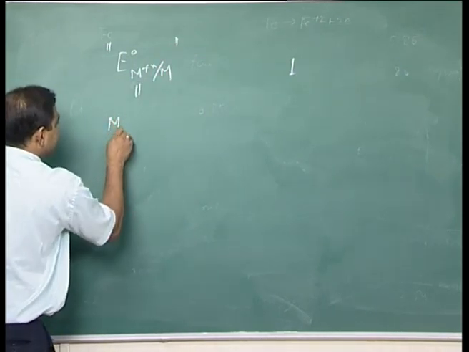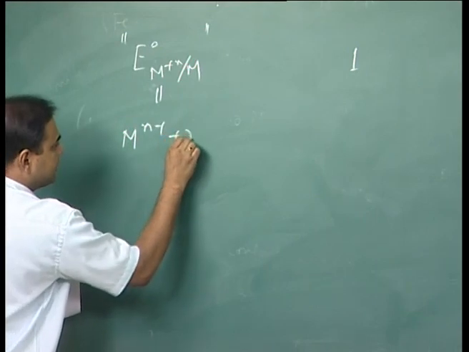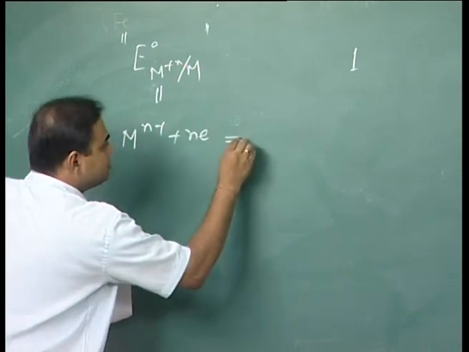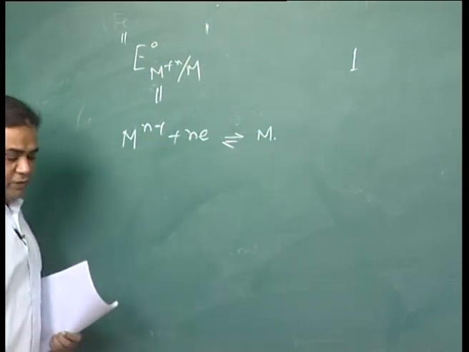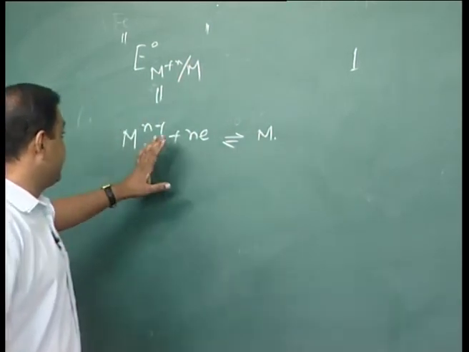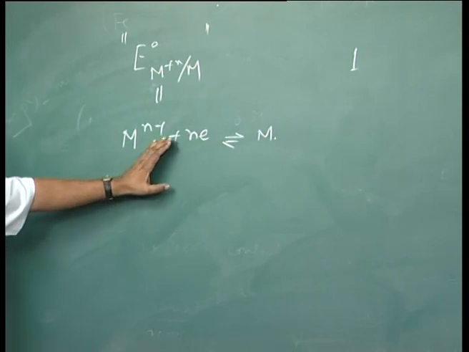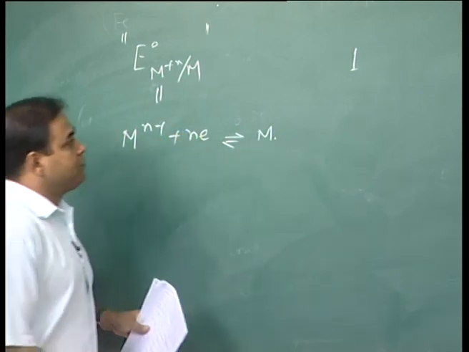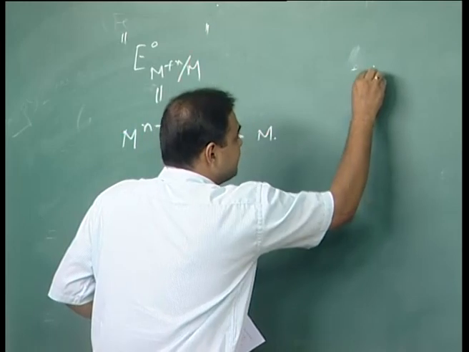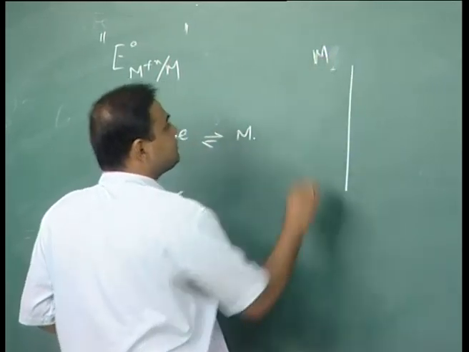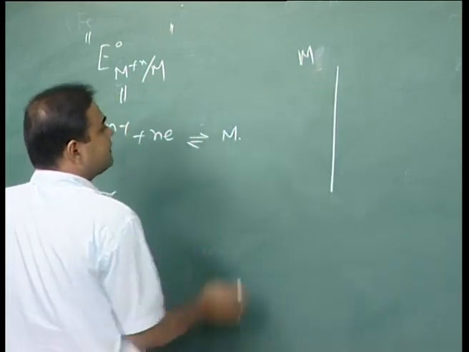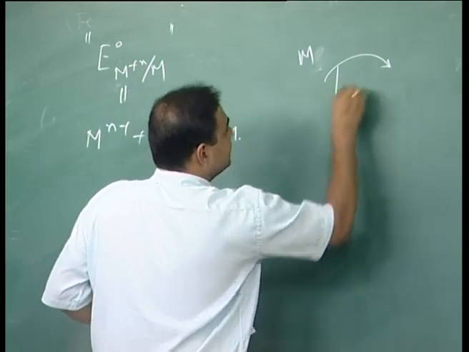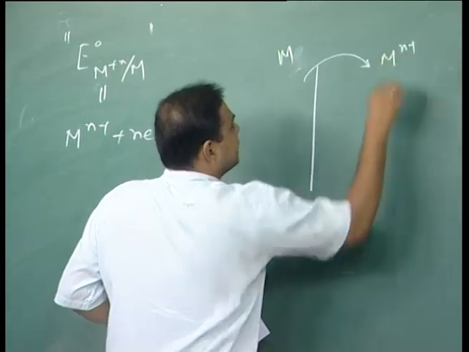Now, what does it mean? It means M n plus plus n e going to M. There is an equilibrium between M n plus ion and M. Now, if you see the metal surface, when the metal forms metal ion, it leaves metal ion n plus.